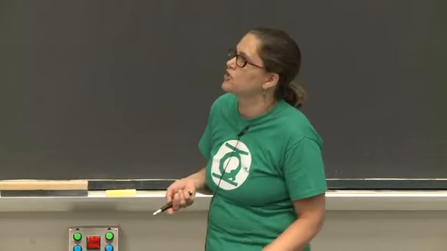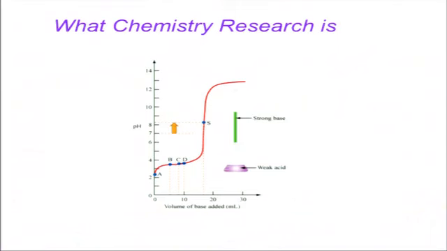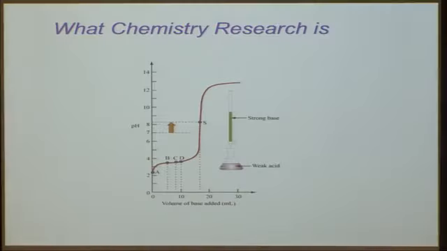Another thing that I didn't appreciate about chemistry was in the lab course I had, we had a strong base and a weak acid, and we would drop, drop, drop until it turned pink, and then we could calculate the molecular weight of an unknown weak acid. And I asked myself, is this like a real pressing problem?